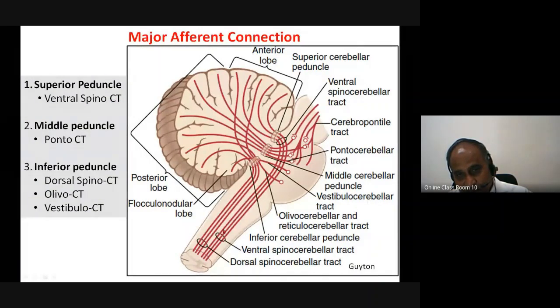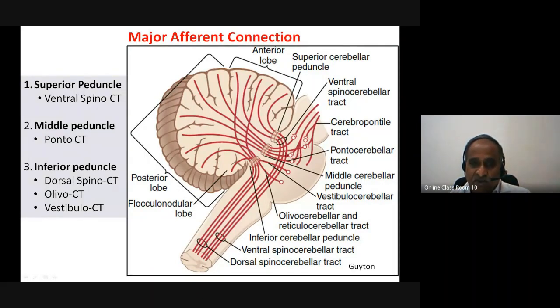The ventral spinocerebellar tract ascends up here and goes to the cerebellum through the superior cerebellar peduncle. Then the middle peduncle is connected with the pontocerebellar tract.